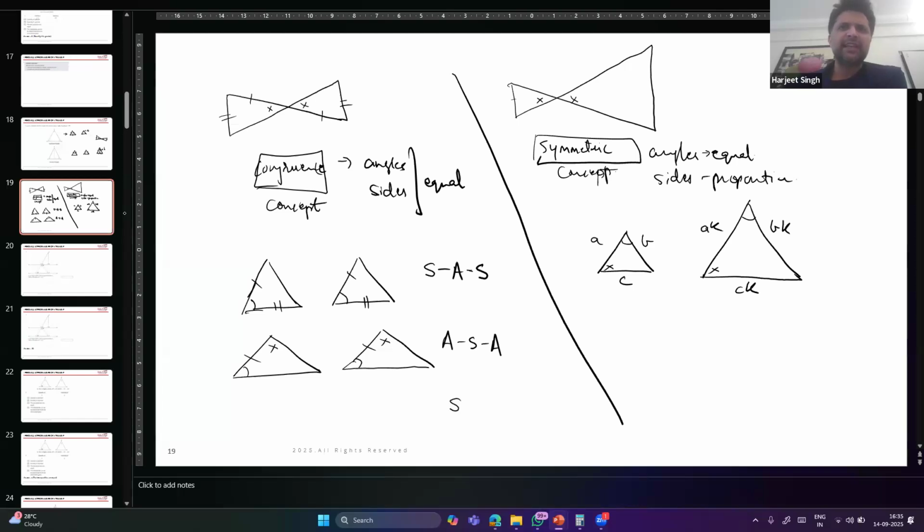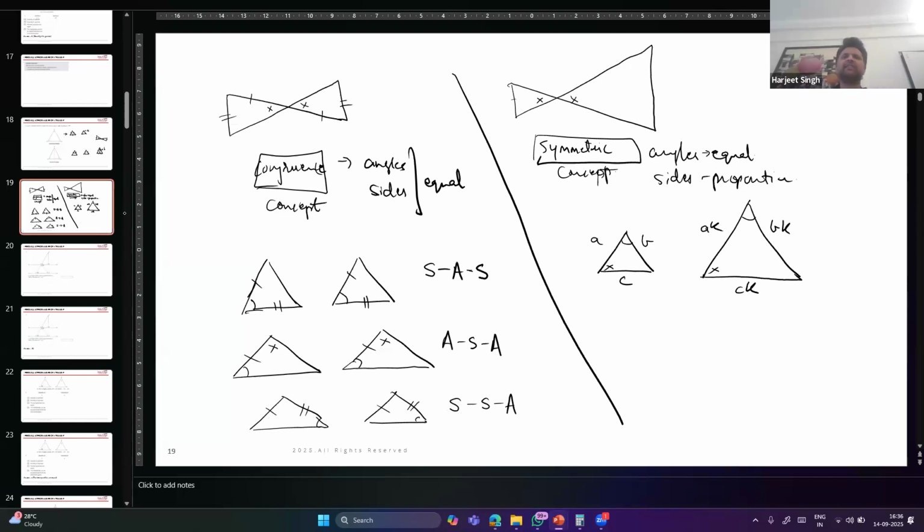Similarly, there's an SSA, two sides equal and an angle equal. As the name suggests, the two sides are adjacent to each other, and the angle will be not in between them. In the first case, the angle was in between, hence SAS.